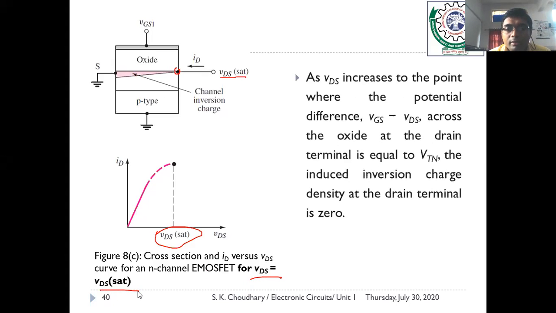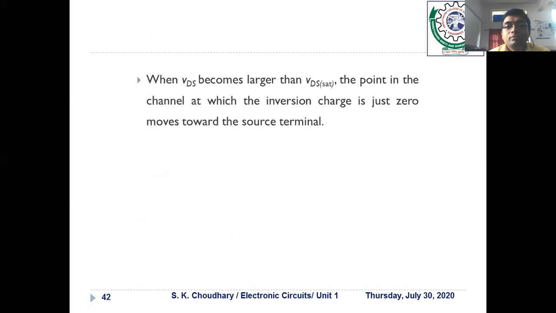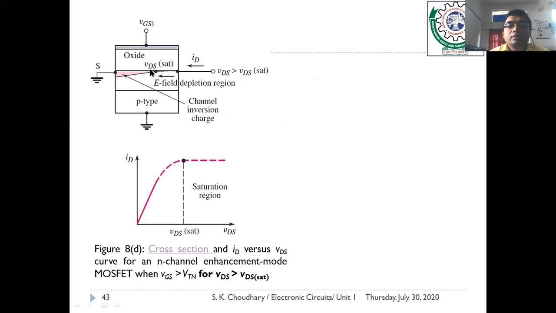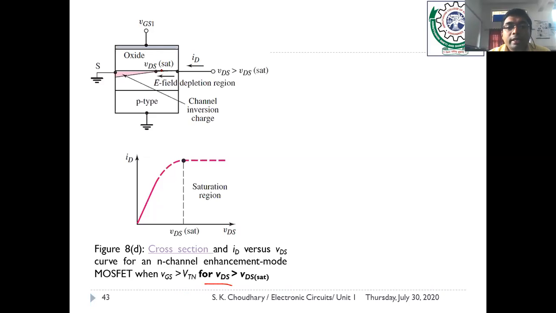Now, when you start to increase VDS greater than the VDS set, this actual point in the channel starts to shift from the drain terminal to this particular point.